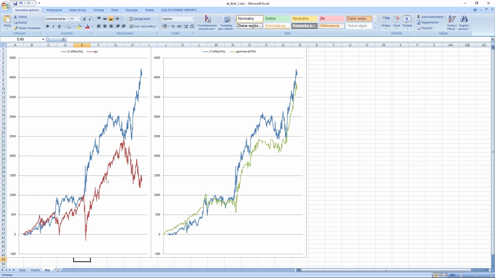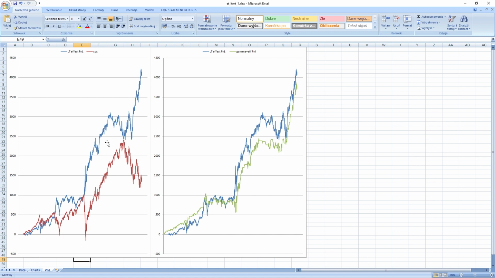The red one is the S&P, and the blue one is a strategy based on the long-term effect of the institutional hedging. So basically, in times of bull market, you're not going to get much more than what the market gives.